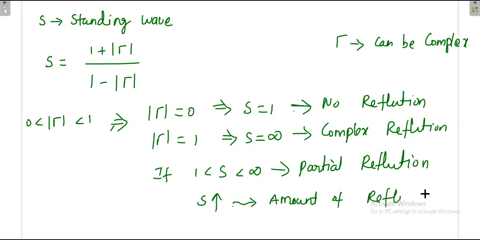That means the reflection coefficient also increases from 0 to 1. If the S value increases, the amount of reflection also increases.